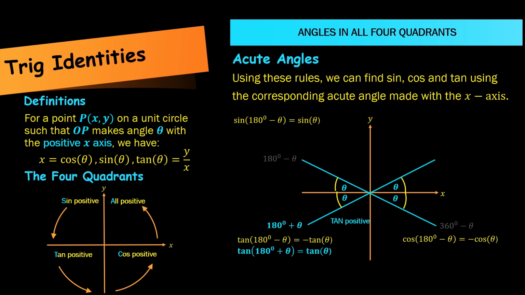So tan 180 plus theta is equal to tan theta. However, the case for cos and sine is different. Cos 180 plus theta is minus cos theta, and similarly, sine 180 plus theta is minus sine theta.